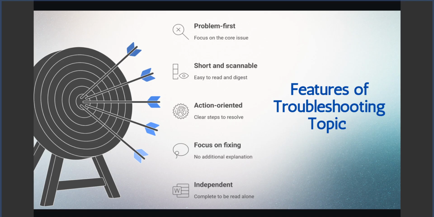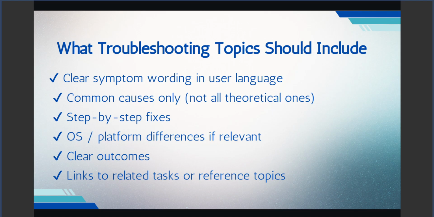The permissions should be set to this value, and if that is the case, that is how this will work. This will solve your problem, like that. And now, what should troubleshooting topics include? As I said, there will be a clear symptom. There will be common causes only, not all theoretical ones.